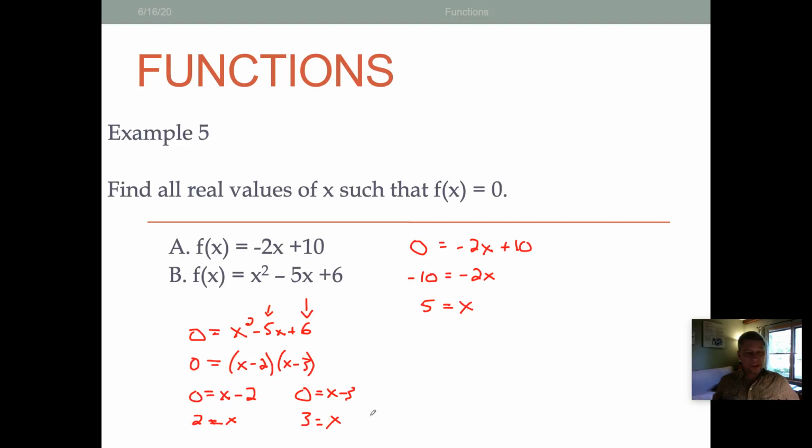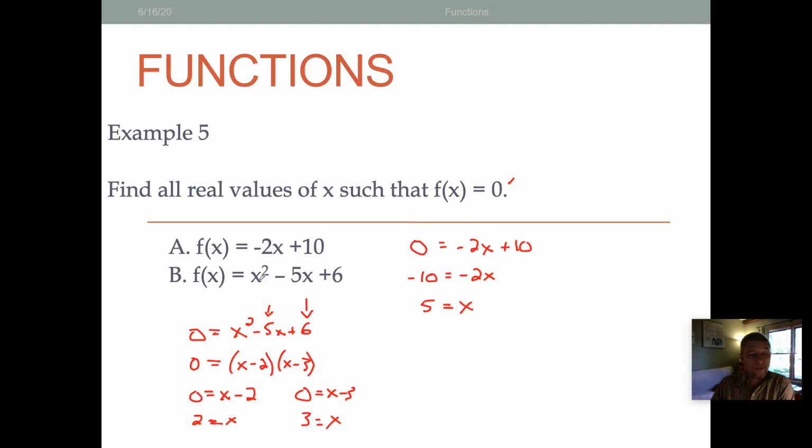Okay, and so in this case, for example B here, if f of x equals x squared minus 5x plus 6, and f of x is equal to 0, then x can either equal 2 or 3. Now plug those numbers in, by the way.